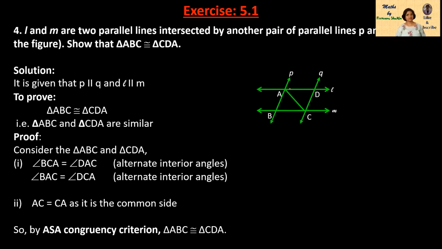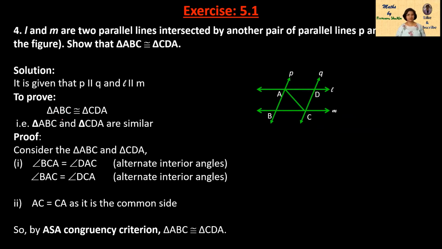What is given? First we will check that. Given is that L and M are parallel lines, which are intersected by two other lines which are also parallel, P and Q. So here we get four intersecting points, A, B, C and D, right?